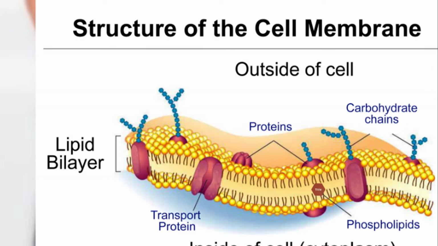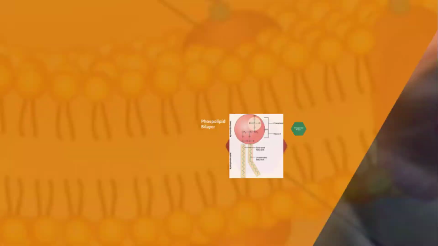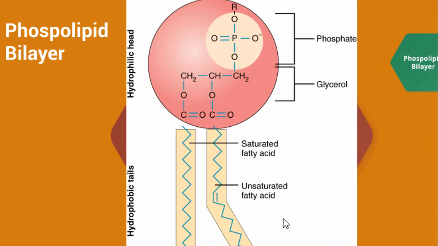A single phospholipid molecule has a phosphate group on one end called the head, and two side-by-side chains of fatty acids that make up the lipid tails of the phospholipid molecule.